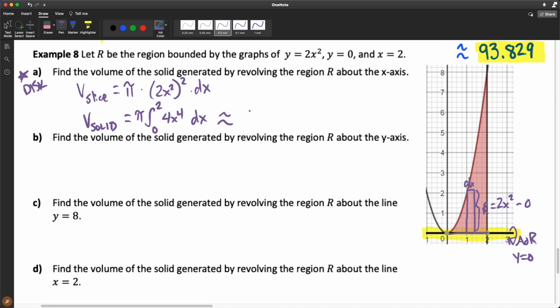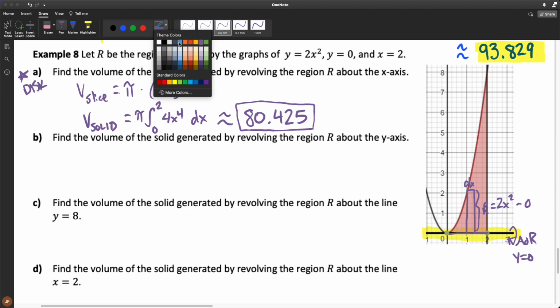Putting that in our calculator, rounding to the nearest thousandth, we get 80.425. Awesome. Part B says find the volume of the solid generated by revolving the region R about the y-axis.